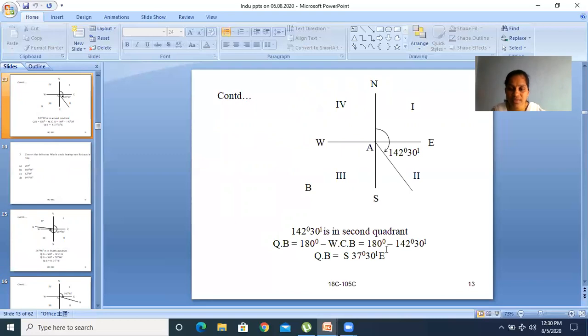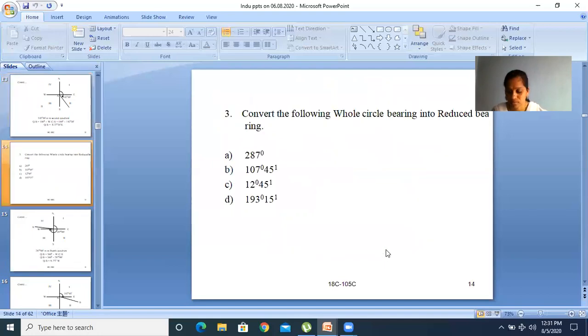QB is equal to 180 degrees minus WCB, so 180 minus 142 degrees 30 minutes. Then QB is southeast 37 degrees 30 minutes east. So like that you can convert.